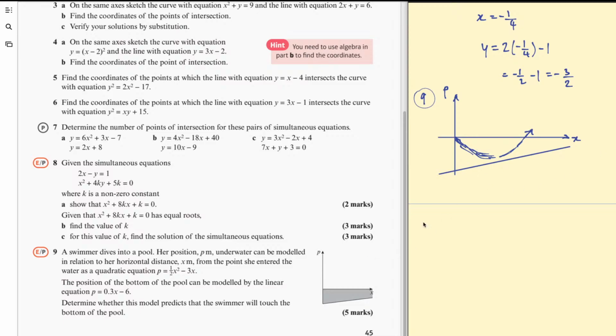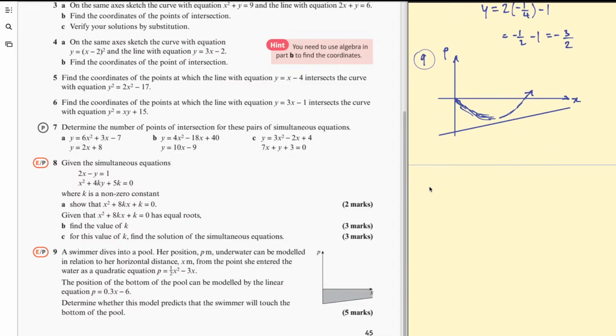So we can solve these two equations to figure that out. So p is equal to a half x squared take 3x, and the bottom of the pool is equal to 0.3x take 6. And let's go ahead and solve these as we normally would with simultaneous equations. So if p equals 0.3x take 6, let that equal to this quadratic up here.